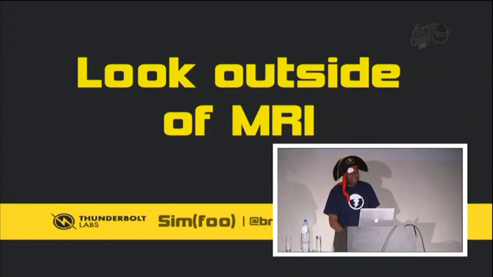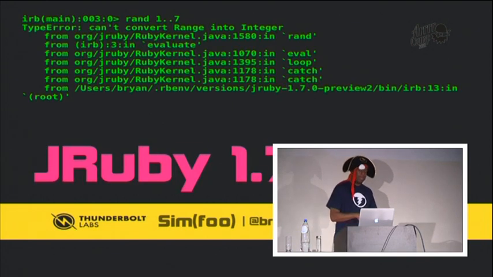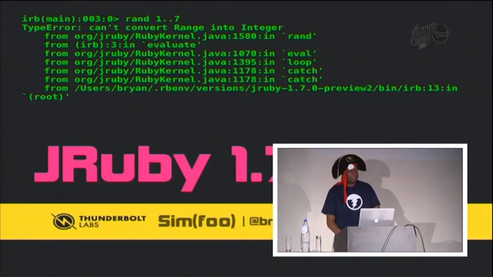So we looked outside of MRI to start, and we said, hey, let's run this on JRuby. But here's a problem. JRuby is very compatible with Ruby, except when it isn't. If you download JRuby today, I bet this bug is still in there. I hate to report it, because I reported this to Charles Nutter, and this is not negative against him.